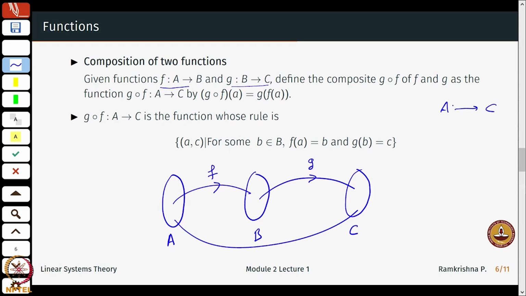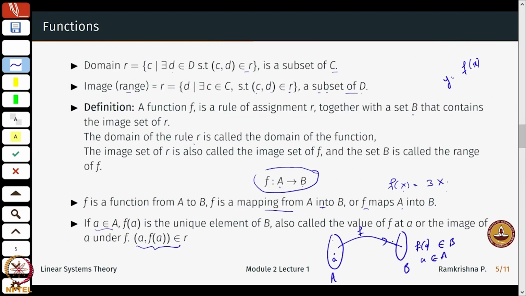One way to look at it is to look at the composition of f with g. So what is the domain of this big map? This is f composed with g. Its domain is A and the range is C. So what is the rule now for this? The rule associates a number from A, which is the domain space, to the range space.